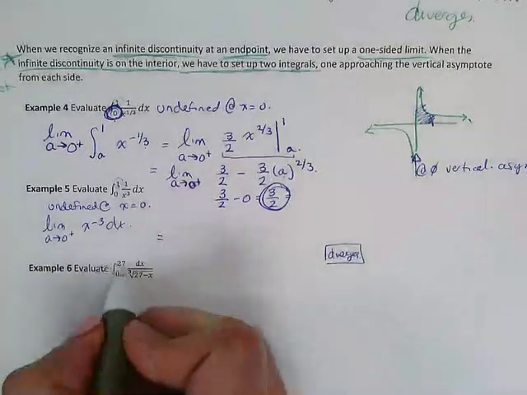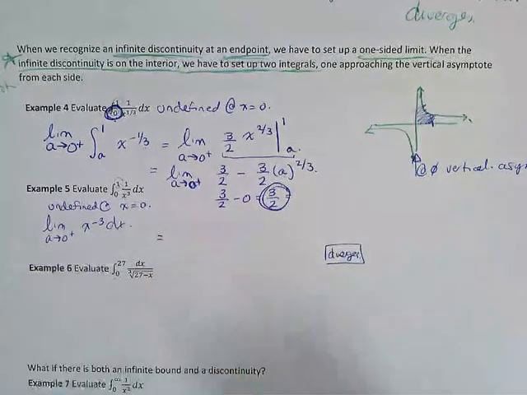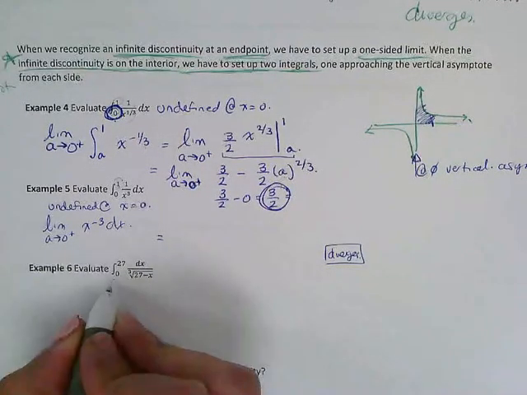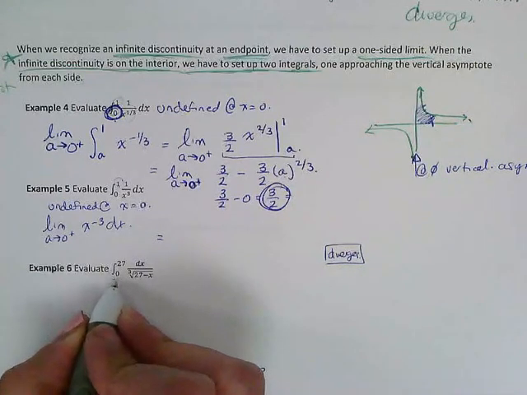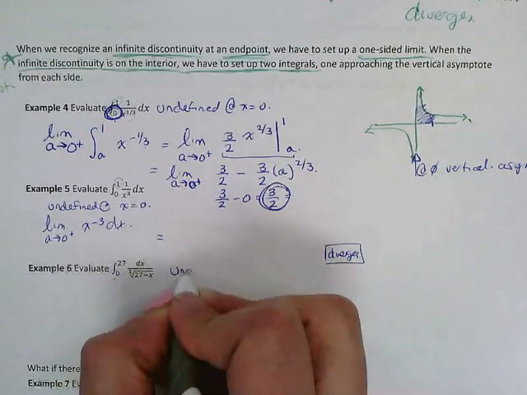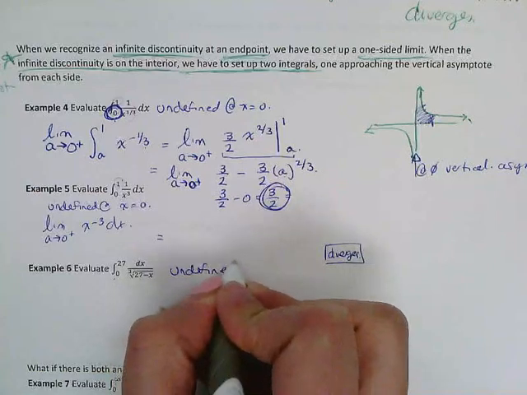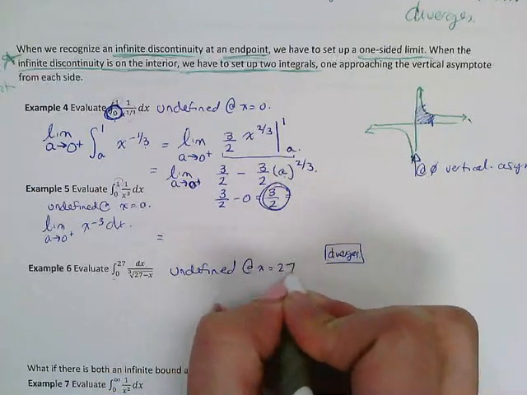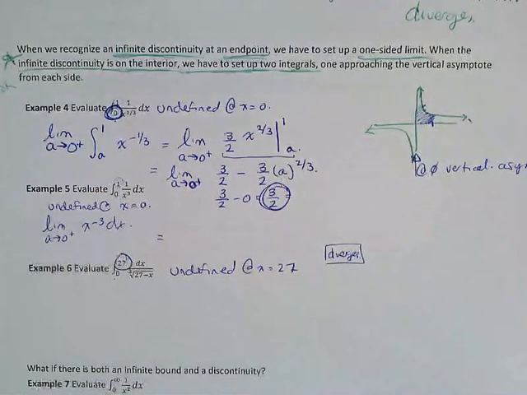Alright, next up, what is going on here? Why is this improper? The reason it's improper is because this function is undefined at x equals 27, at one of the endpoints.